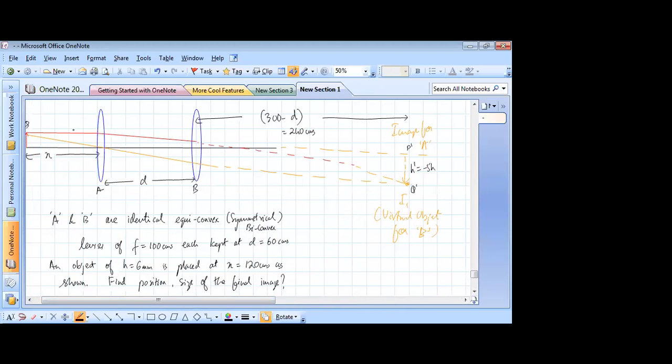So these are the rays which are incident on this. Now these will converge and give you a final image somewhere here. Let's say that is P double prime, Q double prime. So that will become the final image. So this we want to find out. This is the second refraction.